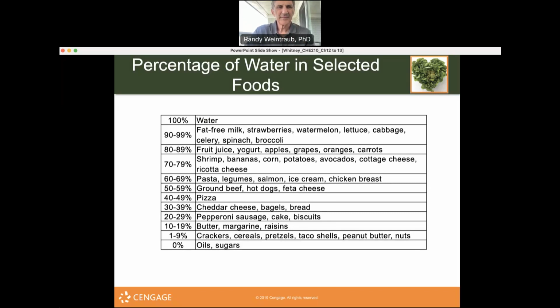Some foods have a very high percent of water, some no water. Fruits and vegetables are very high in water. In the middle there, you see meat and pizza, cheese, and no water in oils and sugar.